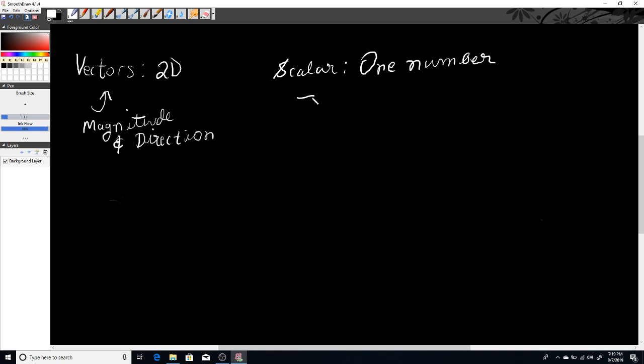Examples of scalars are temperature and speed. Temperature is in degrees Fahrenheit or Celsius, but it's only described by one number. You don't need an additional number or value to look at direction.